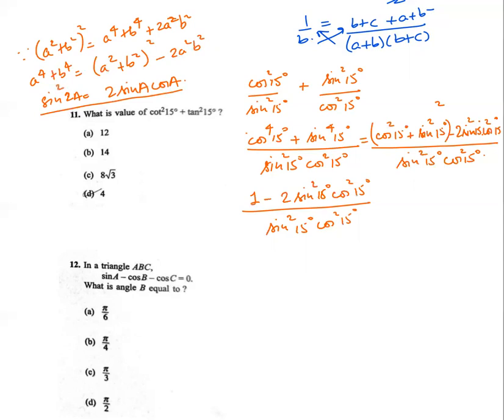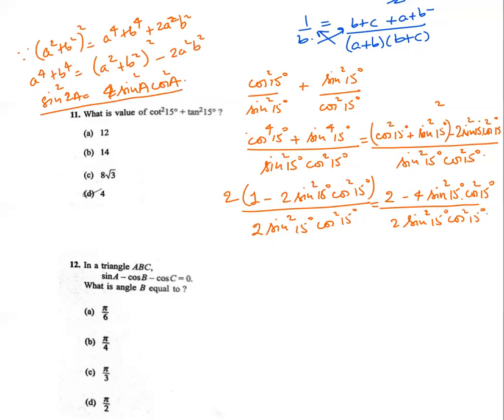If I square both sides, sine square 2a becomes 4 sine square a cos square a. But here we have only 2, so we will multiply and divide by 2, so that this becomes 2 minus 4 sine square 15 degrees into cos square 15 degrees, divided by 2 into sine square 15 degrees into cos square 15 degrees.